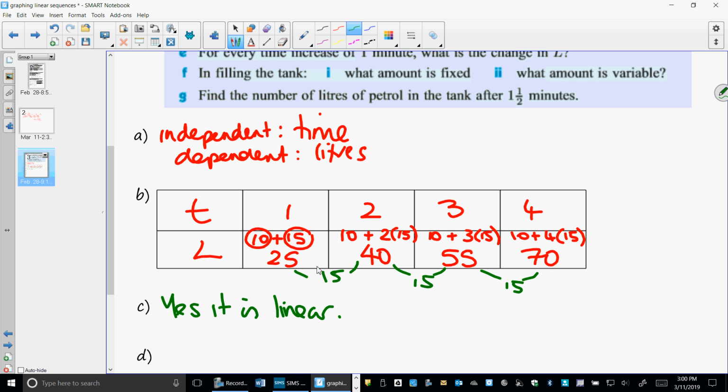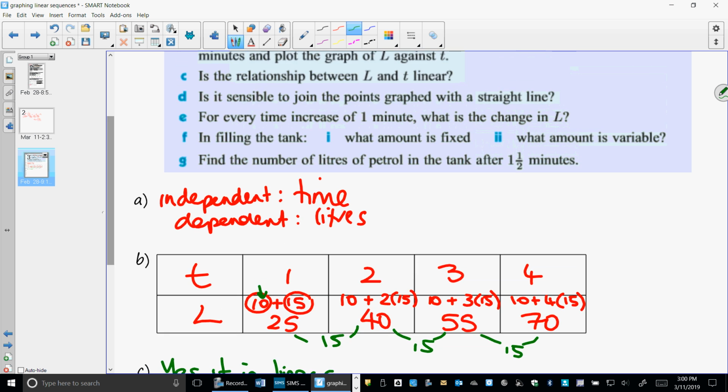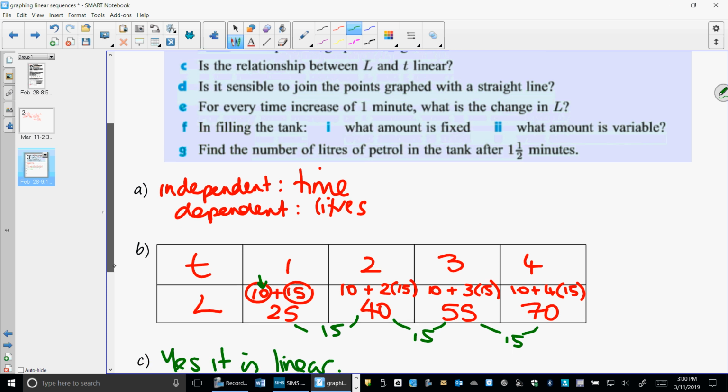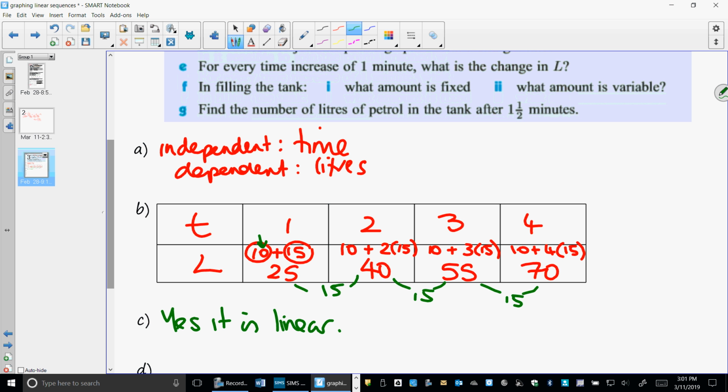I'm confused about the 10 plus 15. Okay, because we had 10 litres of petrol in our tank. So there was 10 litres already in the tank, and then it pumps in at 15 litres per minute.